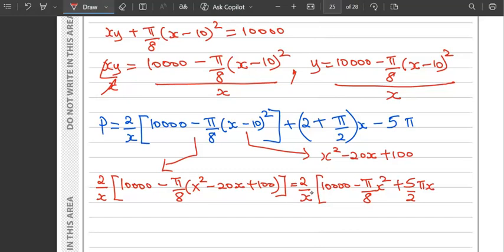So this one will be minus 25 over 2 pi, then we close the bracket.